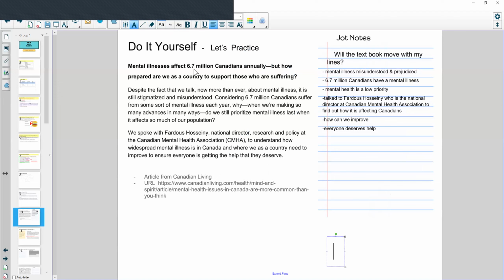Mental illnesses affect 6.7 million Canadians annually, but how prepared are we as a country to support those who are suffering? Despite the fact that we talk now more than ever about mental illness, it is still stigmatized and misunderstood. Considering 6.7 million Canadians suffer from some sort of mental illness each year, why, when we're making so many advances in many ways, do we still prioritize mental illness last when it affects so much of our population?